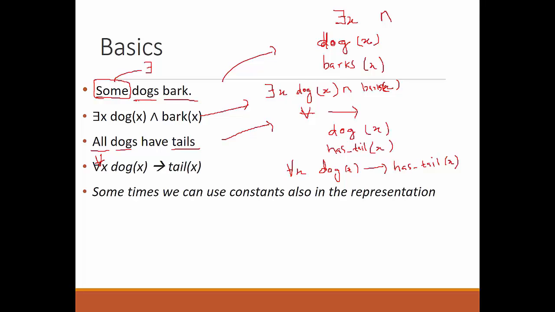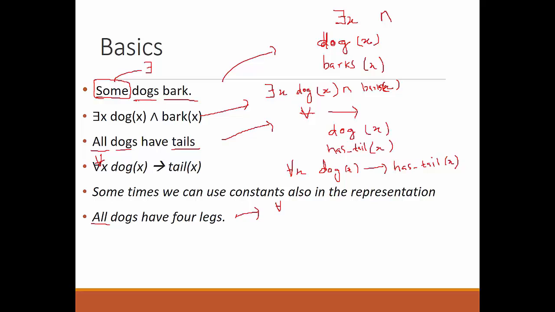Now sometimes we can use constant also in the representation, so we'll discuss this. So all dogs have 4 legs. It could be represented like this. For example, here, all dogs have 4 legs. I can represent it like this. So we know all is here. We are going to have a universal quantifier.